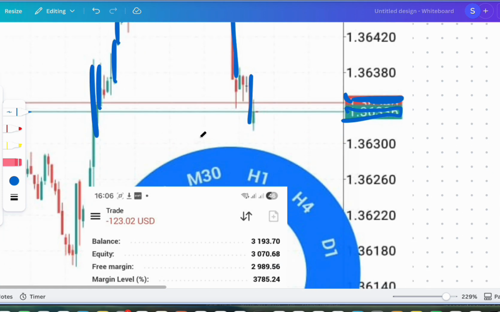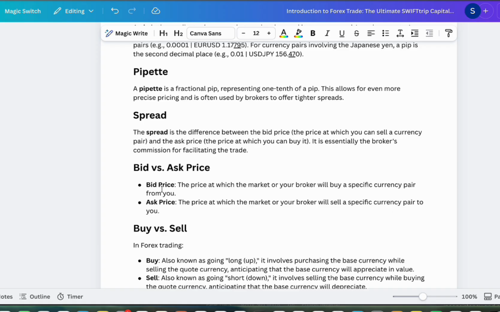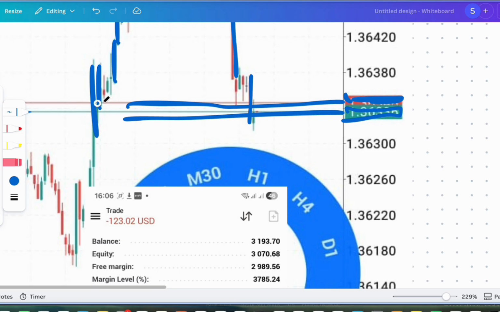All right. So the bid line is this, the red line, and then the ask is this. The red is the sell and the green is the buy. Let's go check our definition again, because that can confuse somebody. The green line is to buy, the red line is to sell.